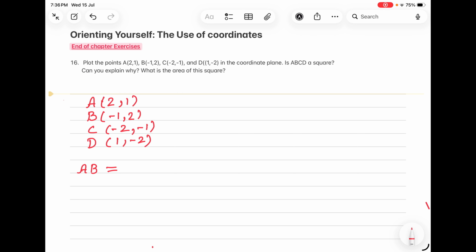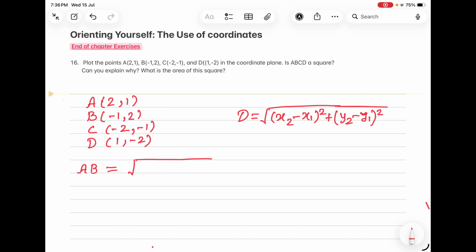First we have to find the distance AB using the distance formula. What is the distance formula? Square root of (x2 minus x1) whole square plus (y2 minus y1) whole square.